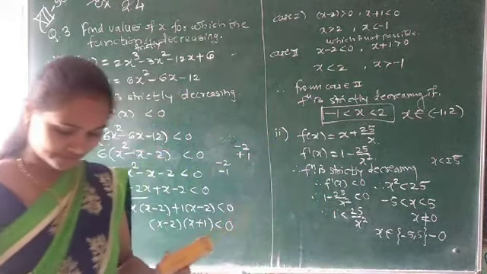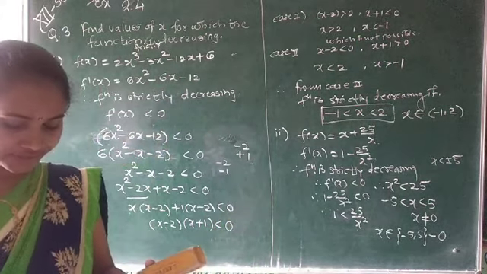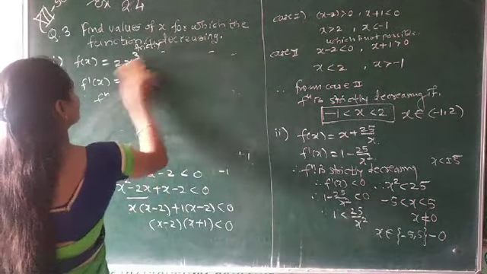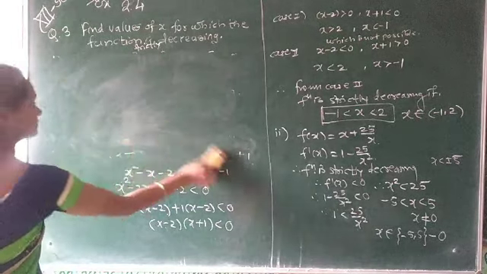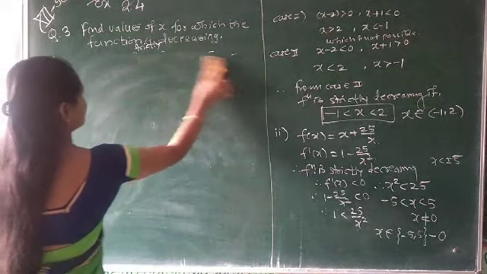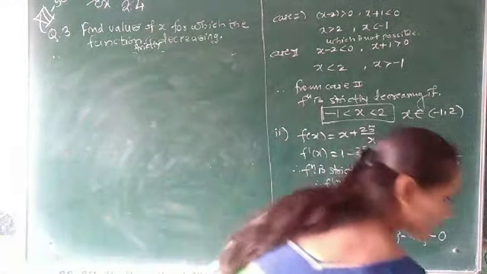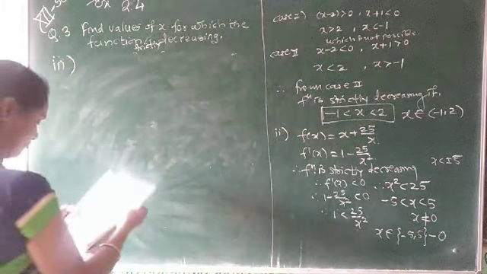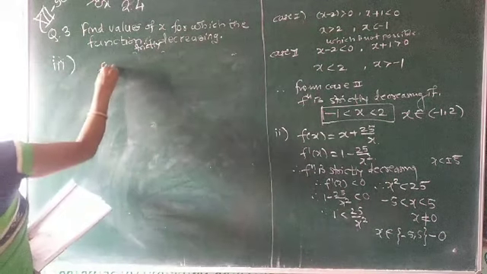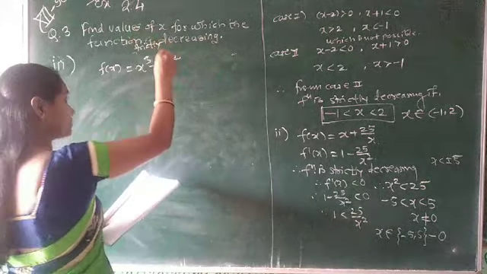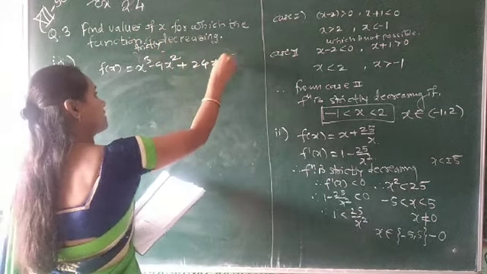So next consider the second function. f of x is equal to x cube minus 9x square plus 24x plus 12.